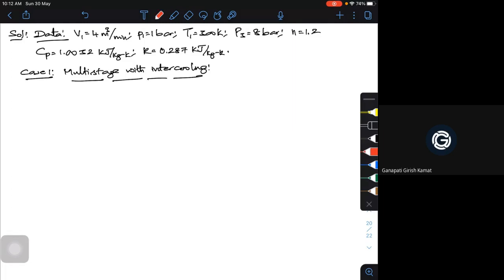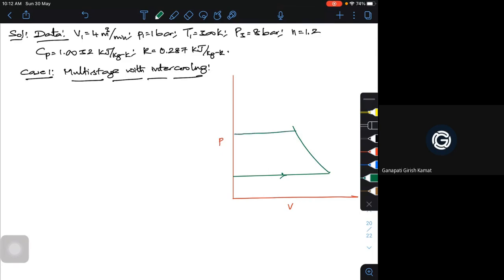This is a two stage compressor actually, so I'm going to draw this. This is my PV diagram. So first stage, I'm going to compress it. This is your first stage compression. Then I'll go to the second stage compression.